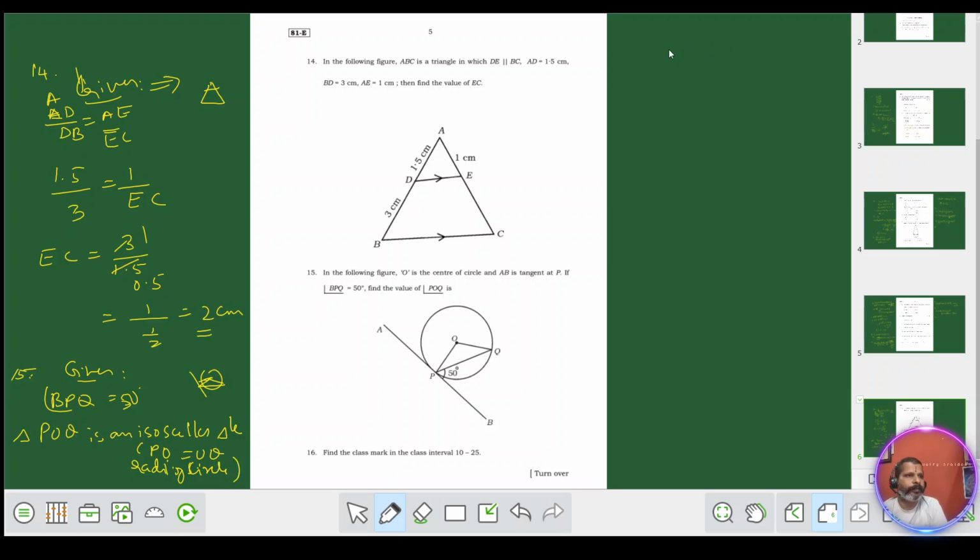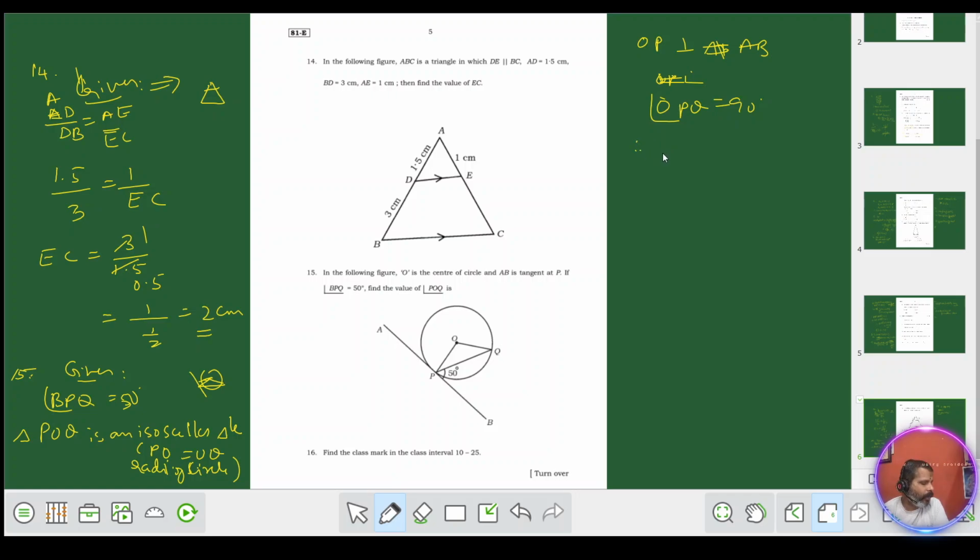Also OP is perpendicular to AB. Let me write it. Okay, it's not writing. Give me time. I'm sorry for that. OP is perpendicular to AB.